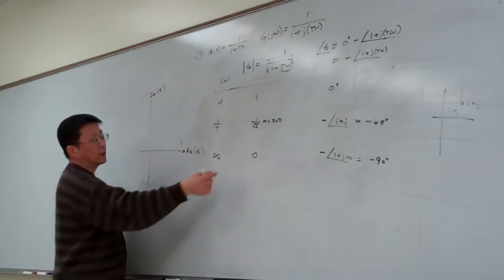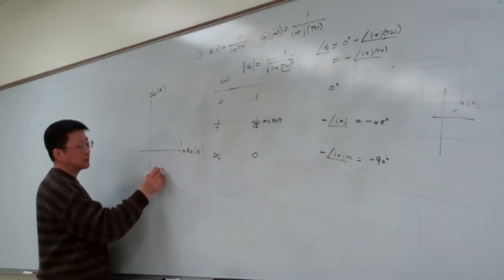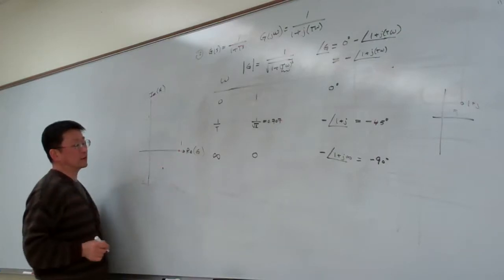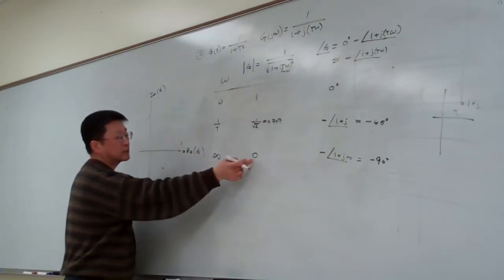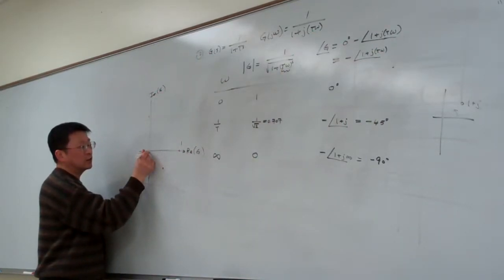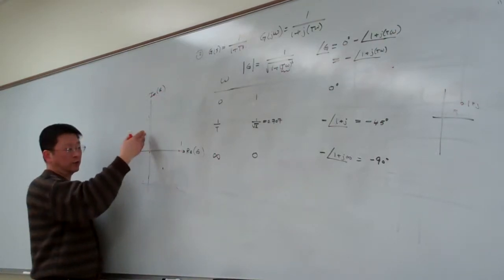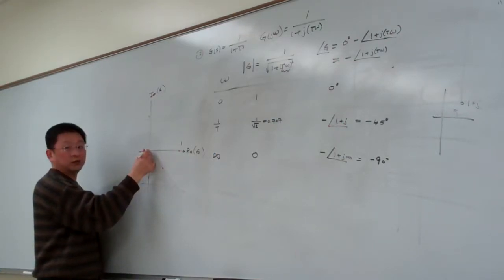Okay. And with that magnitude 0.707, so that would be something here, right? Okay. And for this one, when you go to infinity, the magnitude becomes 0 and minus 90. So basically approaching to is here. We have a point located at the lower portion of the imaginary axis, but this point is very, very close to the origin.